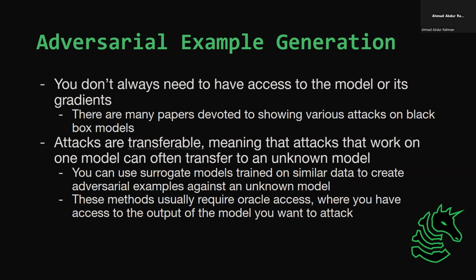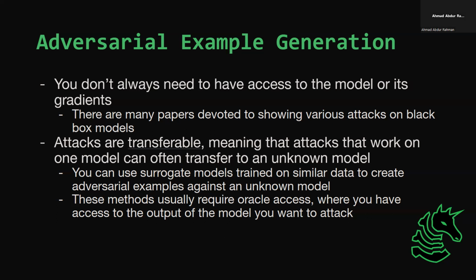That's still possible. Attacks are also transferable, which means that attacks that work on one model, you can often transfer to another model that you know way less about. This is known as surrogate models. If you know roughly what data set something was trained on, say a data set of faces, you can train your own model, knowing nothing about the victim model's architecture.